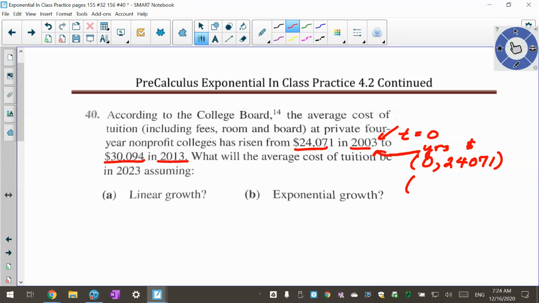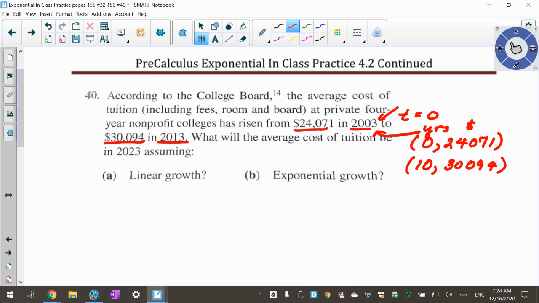Well, 2013 is 10 years after 2003, so I can now put a 10. This is so much nicer than putting the whole year there. Just make sure you know your formula is from 2003. So there are our 2 points. If I'm going to do linear growth, I have y equals b plus mx. I know right off the bat in the b spot I can put $24,071.